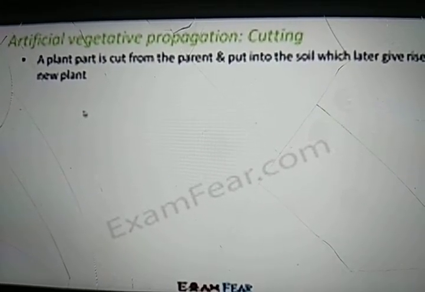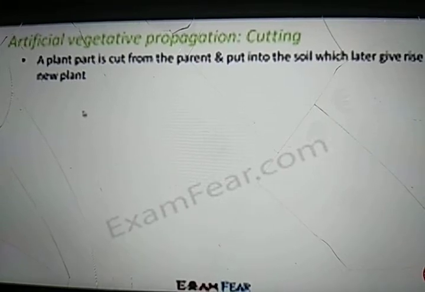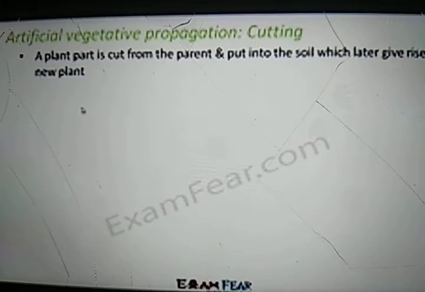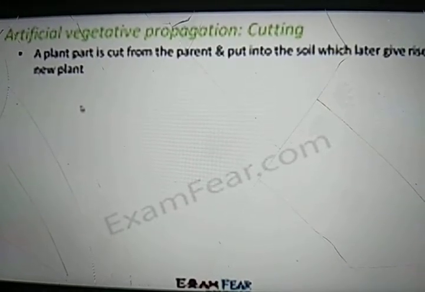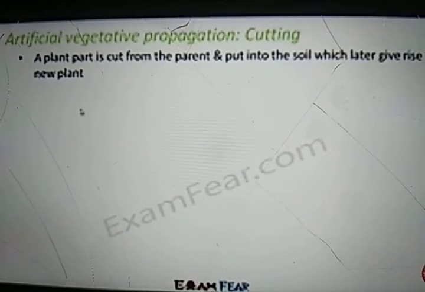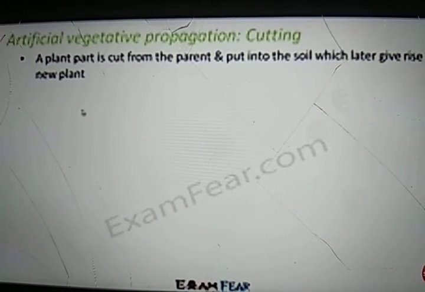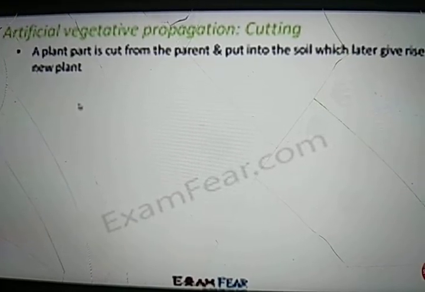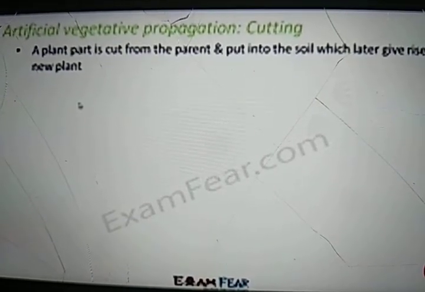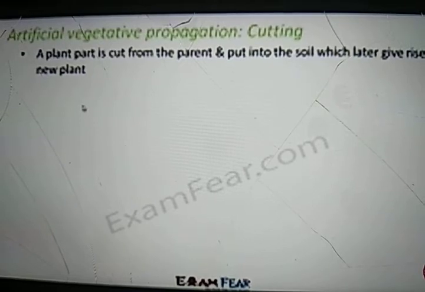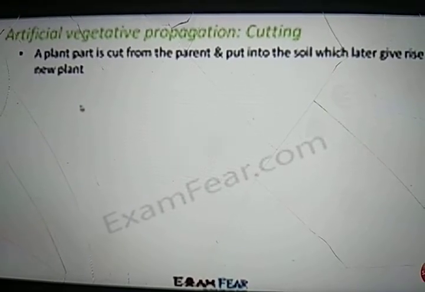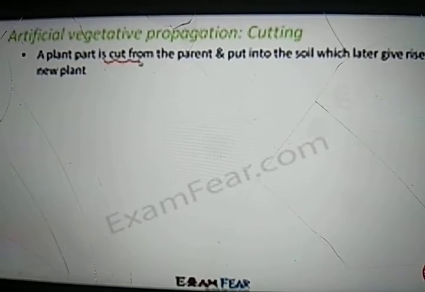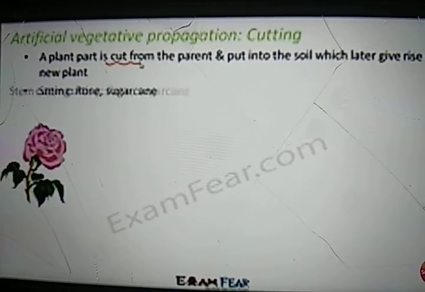Sometimes you just take a stem of a plant from your neighbor, come back to your home and put it into the soil. And after some period of time, it grows into a new plant. So basically, you help the plant reproduce, and the new plant is formed with the help of one plant part from the parent. This is called cutting, because you are cutting one part that is capable of giving a new plant.